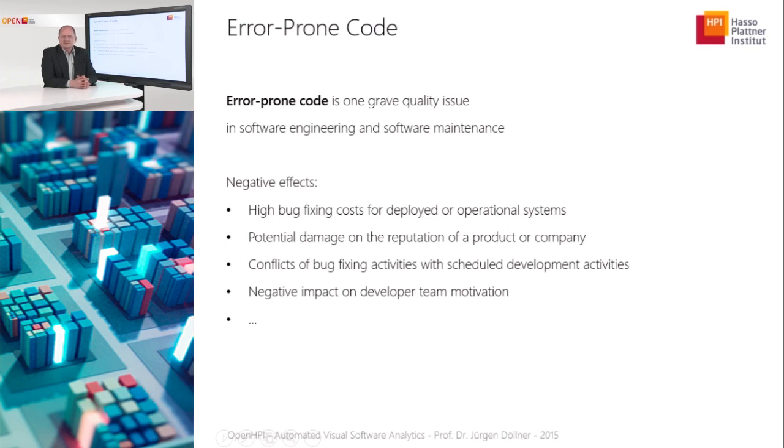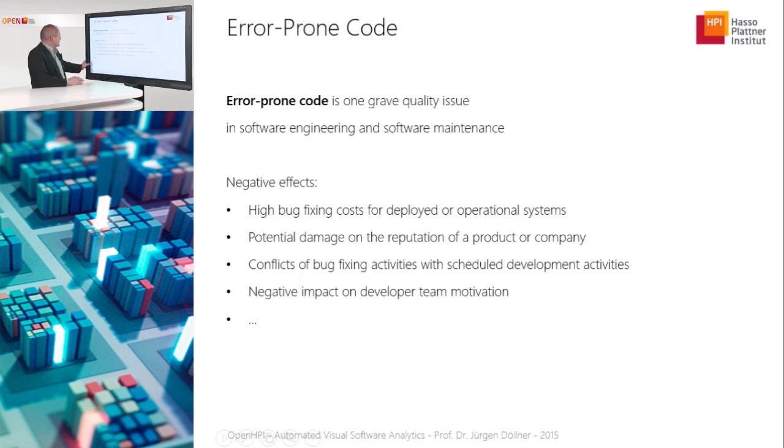Another negative side effect is the potential damage that error-prone code can cause to the reputation of a product or even a company. Another negative effect is the conflict that arises due to bug fixing activities versus scheduled development activities. And another negative side effect is the impact on the developer team motivation and mood.